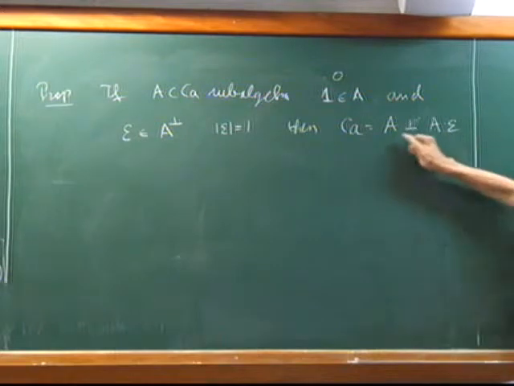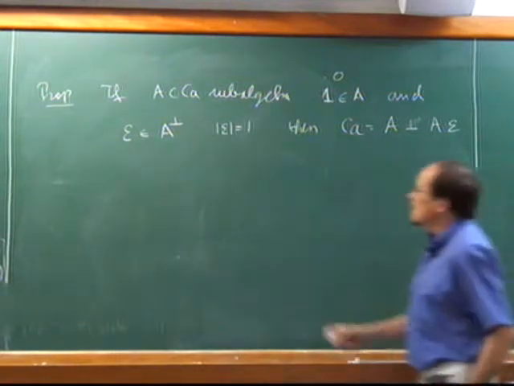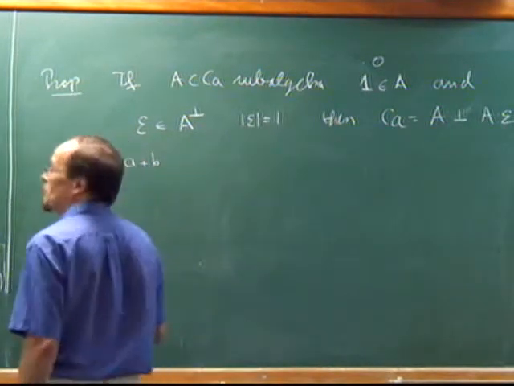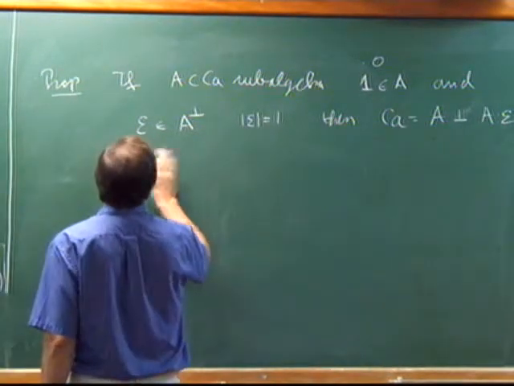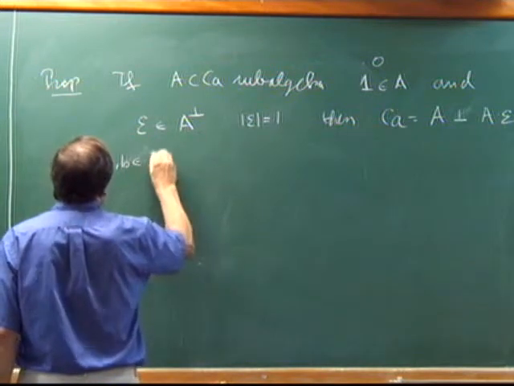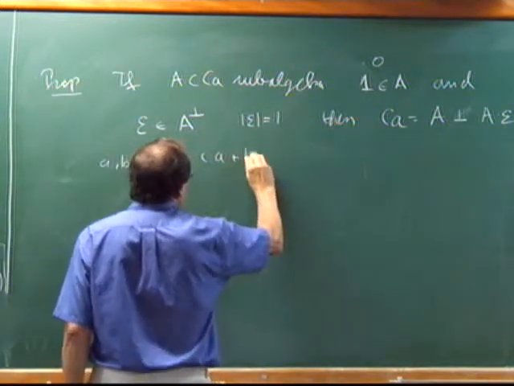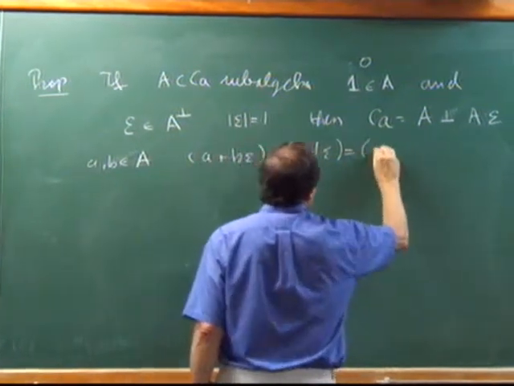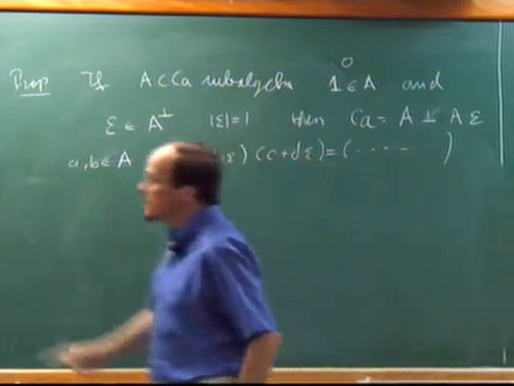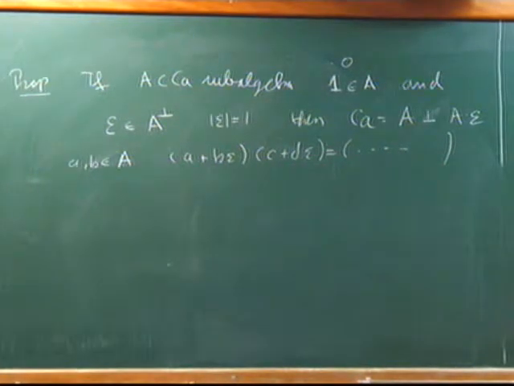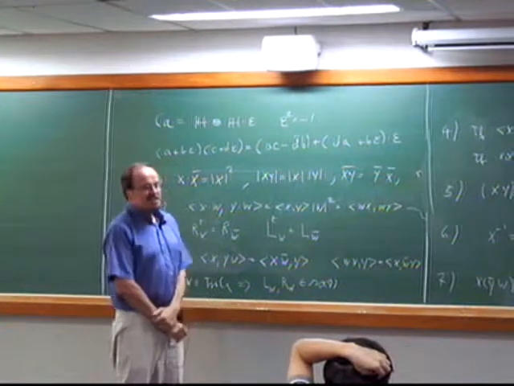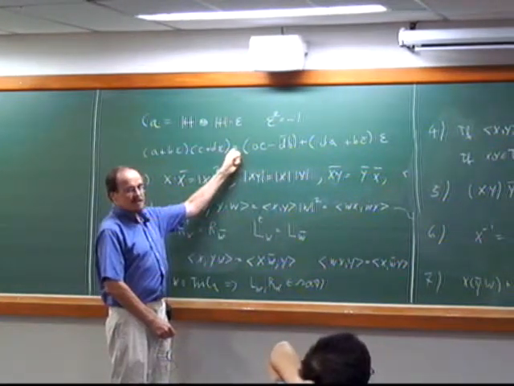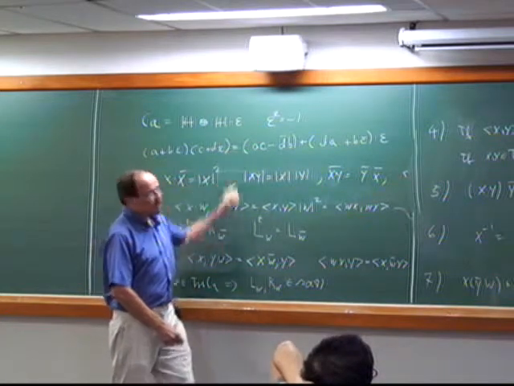So in other words, A epsilon is orthogonal to A. And the multiplication is then the way it's supposed to be. So if a, b are in A, then a plus b epsilon times c plus d epsilon is given by this rule over there. So in other words, there's only one way I can possibly define this multiplication. It's forced upon you.